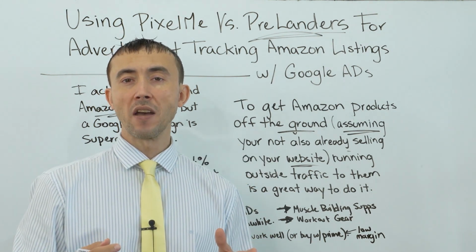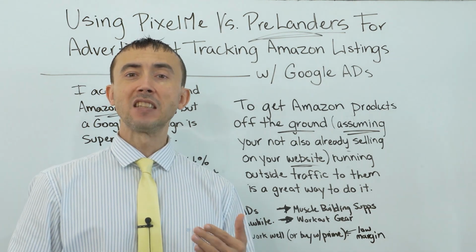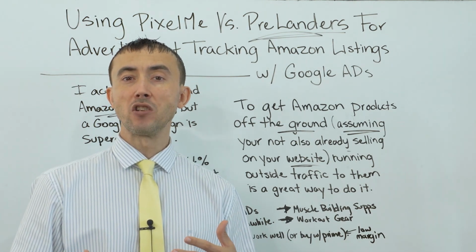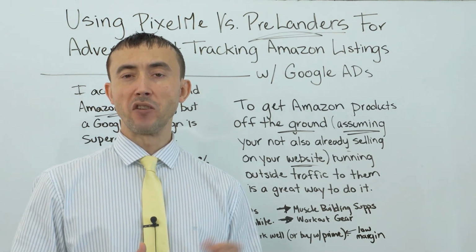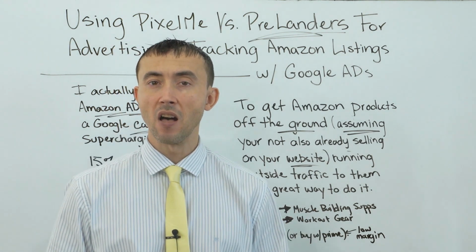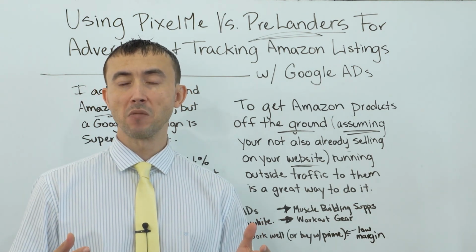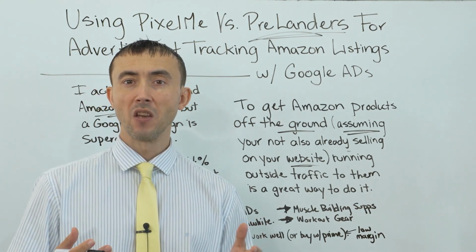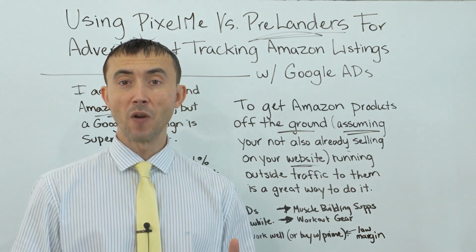Once you've picked all that low-hanging fruit, or you've set up your ads there, if you're not satisfied with the rate at which you're getting ranked, go ahead and start up a Google Ads campaign driving traffic to the listings as well. It's going to be a lot more money. Instead of spending $1,000 a month, you may be spending $5,000 a month to drive traffic there, but it will certainly get you ranked 5 times faster.